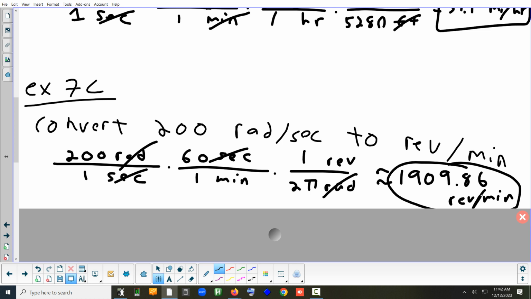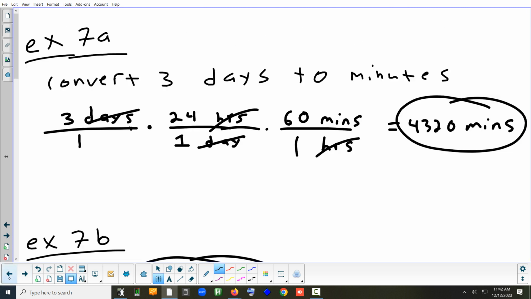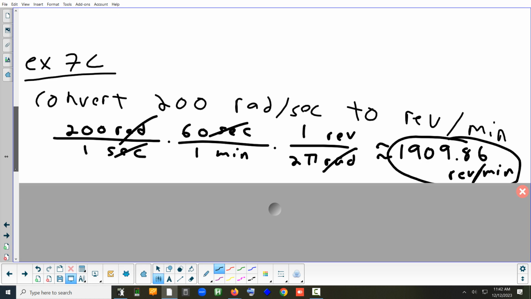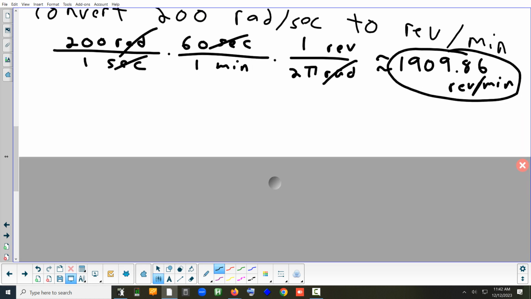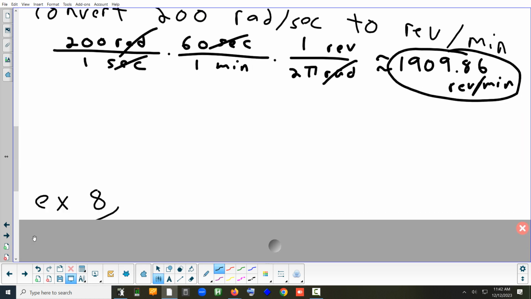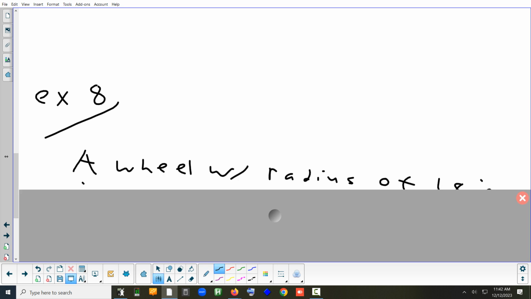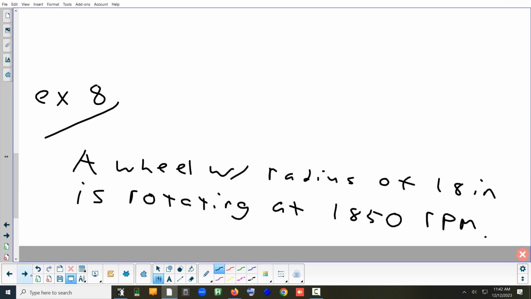Okay, so that was angular to angular. Any question on that? All right, so the last one is angular to linear. So the idea of what's happening here is you've got a wheel that's spinning maybe on a machine at 1,850 revolutions per minute.